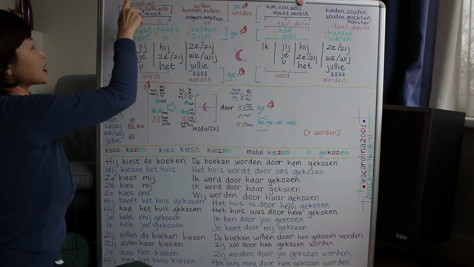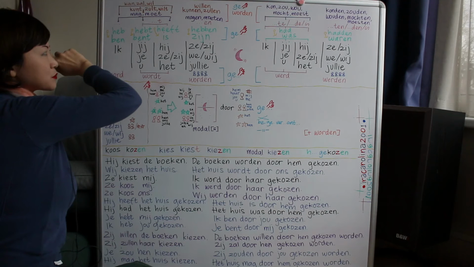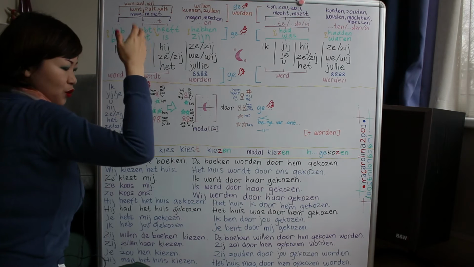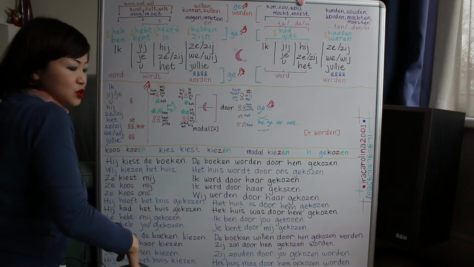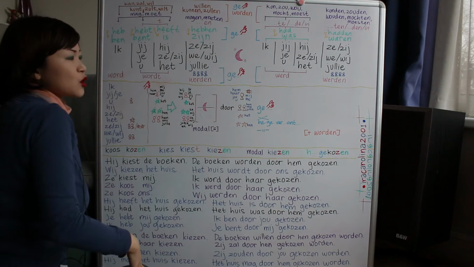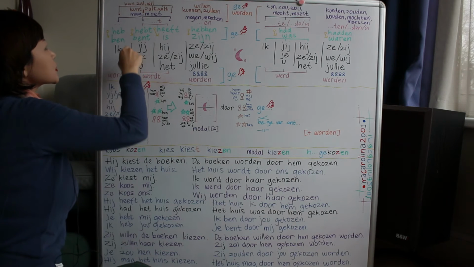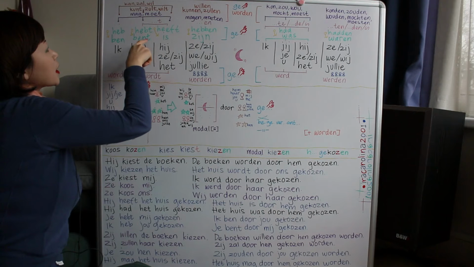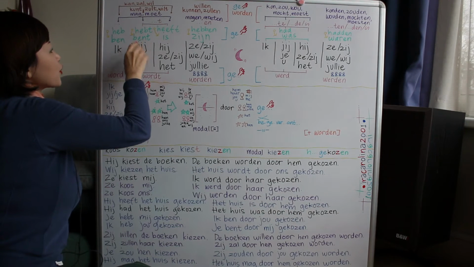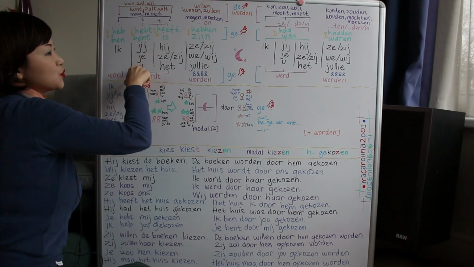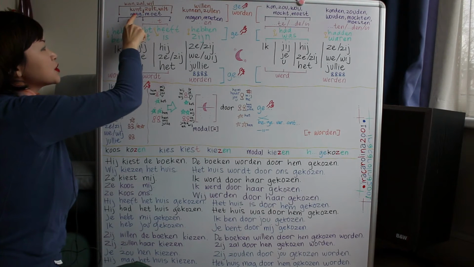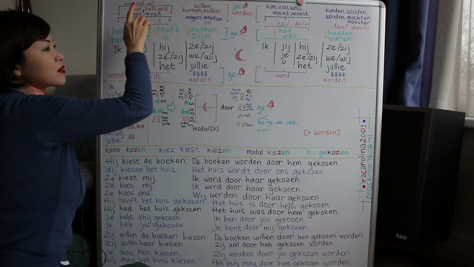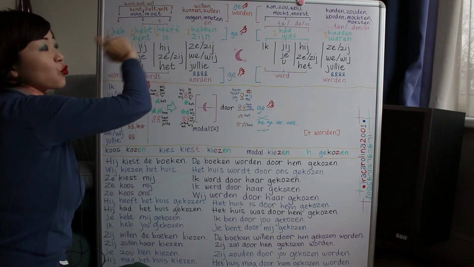We use kan, zal, wil: can, shall, or will. And this will is not will, this will is want. And for you, jij, u, we use kunt, zult, wilt, for can, shall, or will, and want.